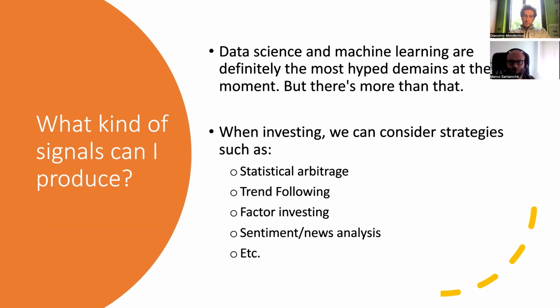And then sentiment, news analysis, and anything else. So something that relies a little bit more on the data, and less maybe on the history of the strategy, because trend following, statistical arbitrage, and factor investing are very old, still important and working classes of strategies.